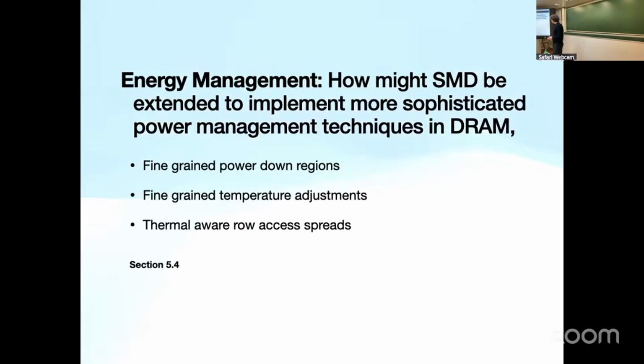Some other things I thought about was fine-grained power down regions. Essentially, we could use the locking of regions to completely disallow rows to expect any activation commands and just merely focus on the bare minimum to refresh the rows.